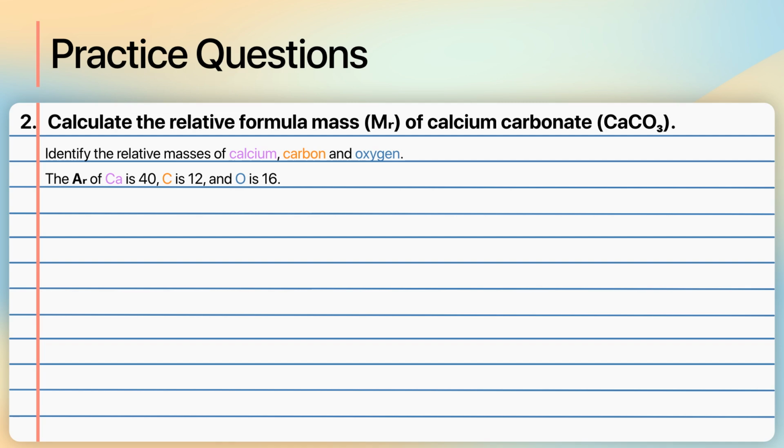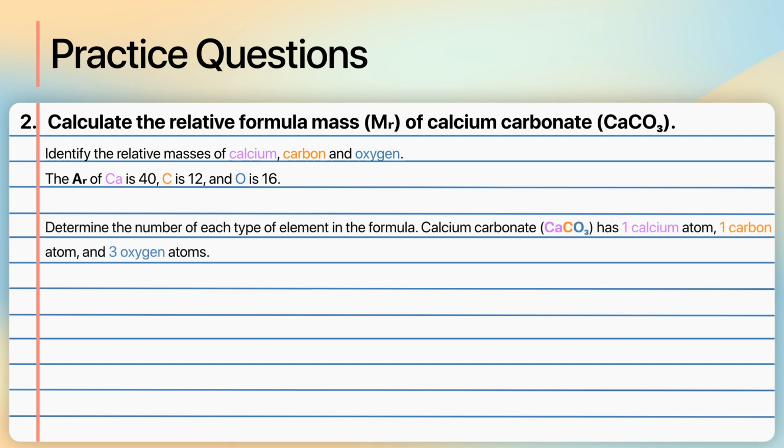Now, we must determine the number of each type of element in the formula. Calcium carbonate has 1 calcium atom, 1 carbon atom, and 3 oxygen atoms. Finally, we must calculate the relative formula mass by summing up the relative masses of all the atoms in the formula.